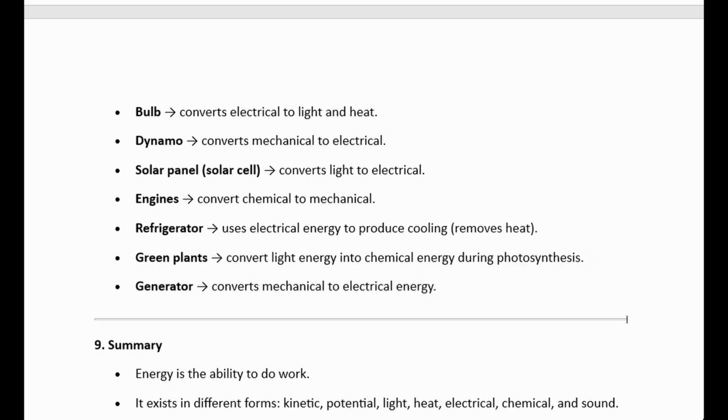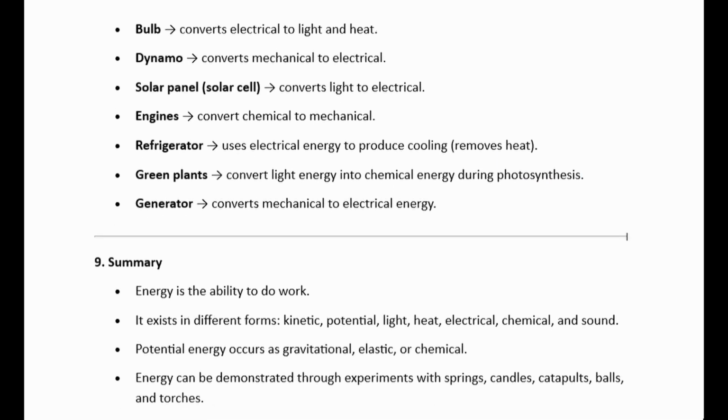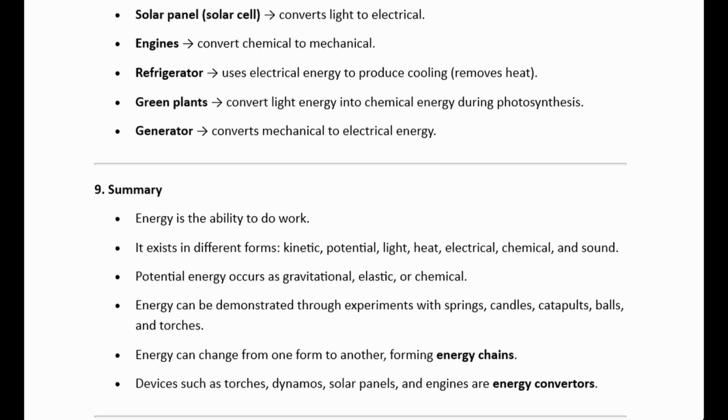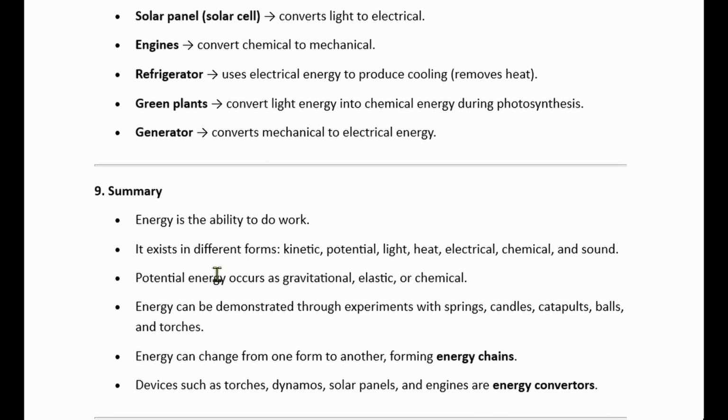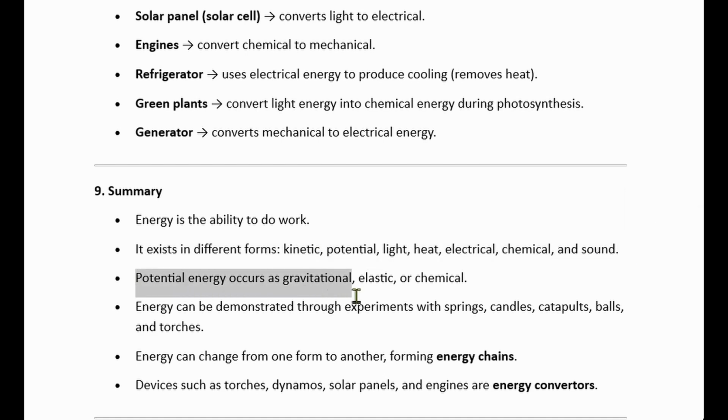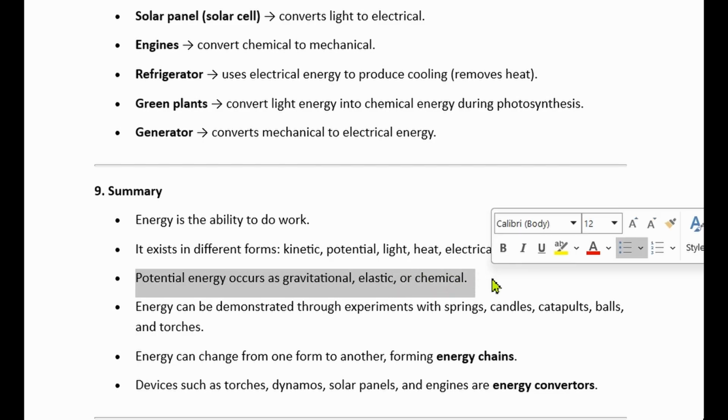Let us now summarize this whole topic of energy. Energy is the ability to do work. It exists in different forms, which are kinetic, potential, light, heat, electrical, and chemical. Potential energy occurs as gravitational, elastic, or chemical.